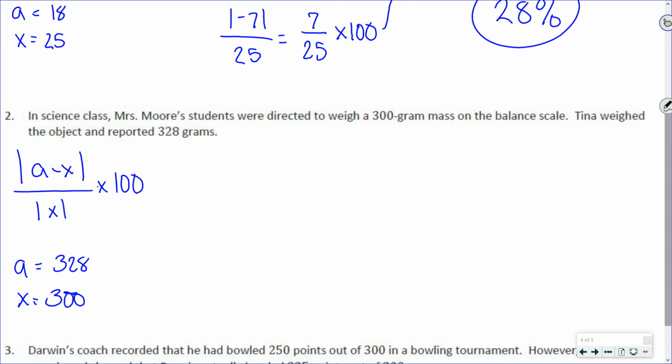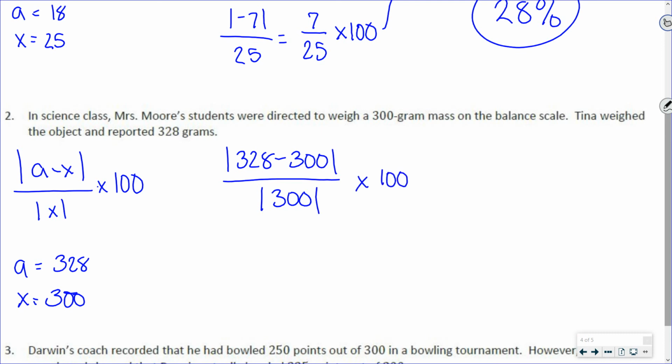So we've got our A, which is the absolute value of 328, minus our X, which is 300. Close the absolute value signs, divided by the absolute value of 300. And then that's multiplied by 100. Well, 328 minus 300 is going to be the absolute value of 28 over 300, times 100.